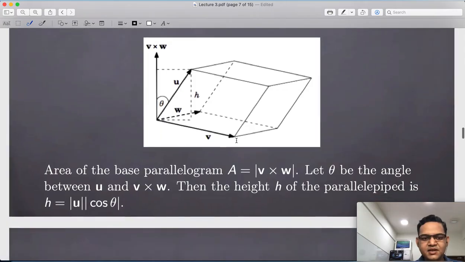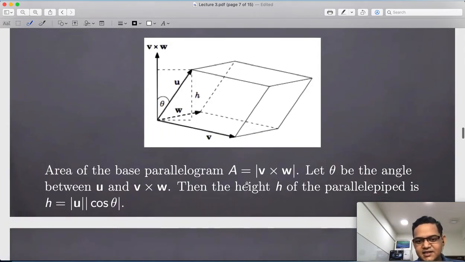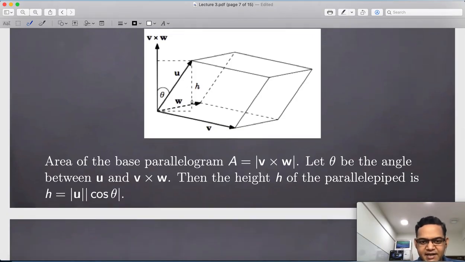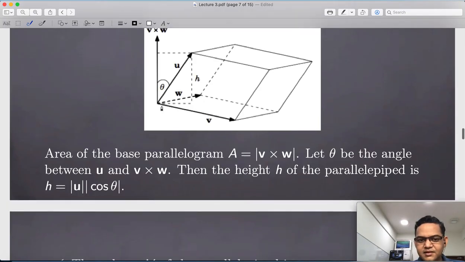All right, so how does that happen? Let us see. The area, as I said, is just the magnitude of the cross product. Now you take this angle theta between this vector orthogonal to v and w, and the third vector u. The height you can compute now, because this is going to be a right angle.